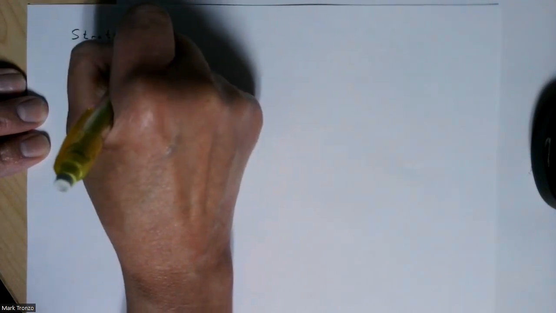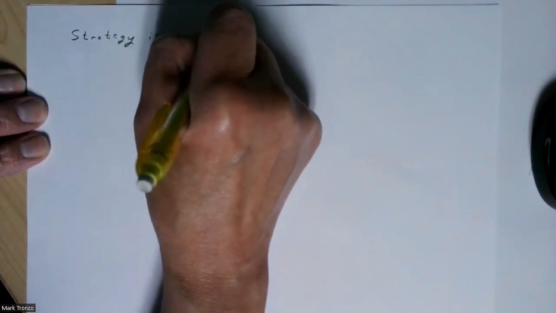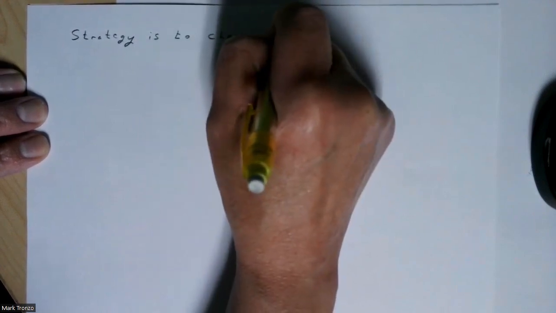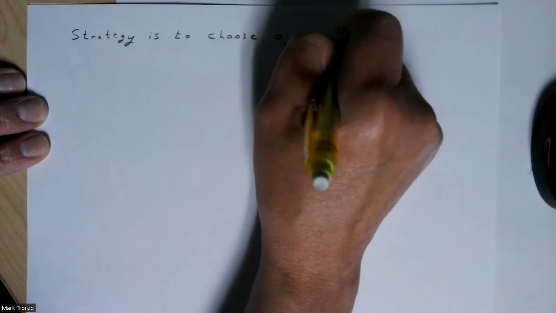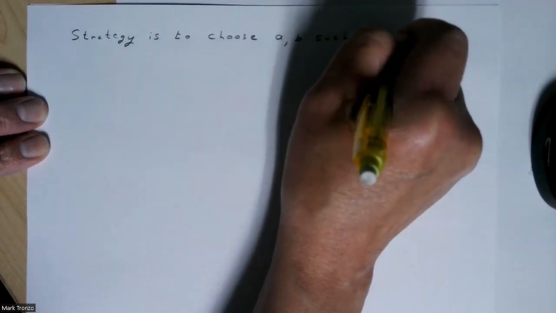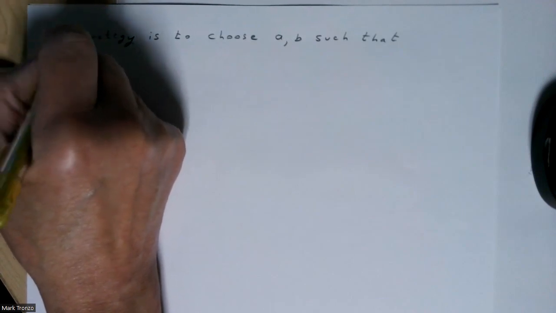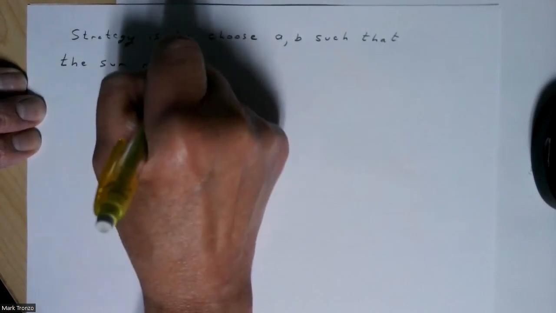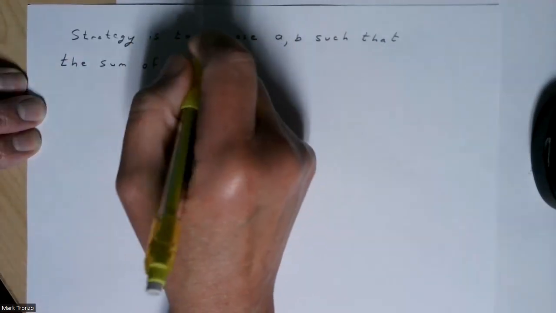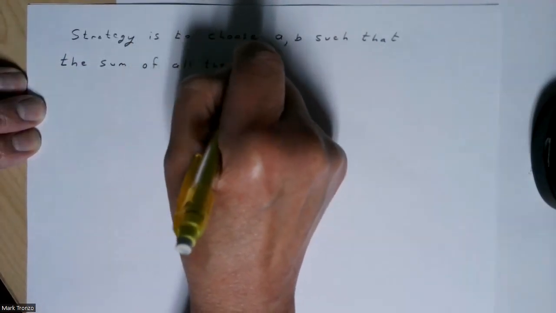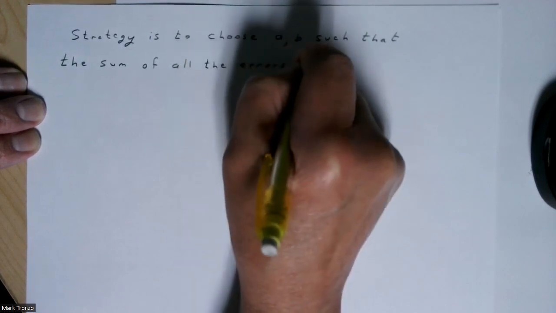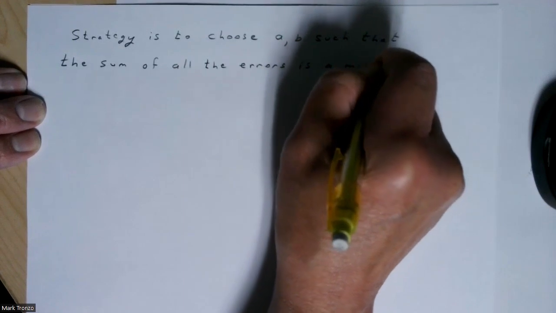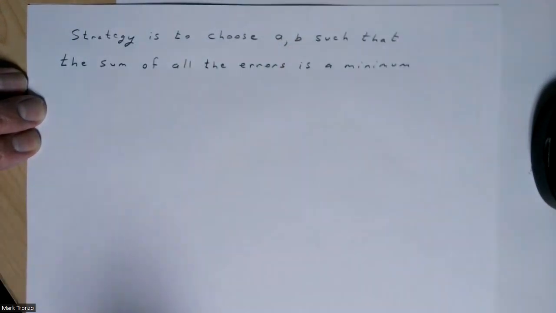So our strategy is to choose A and B such that the sum of all of those errors is the minimum.